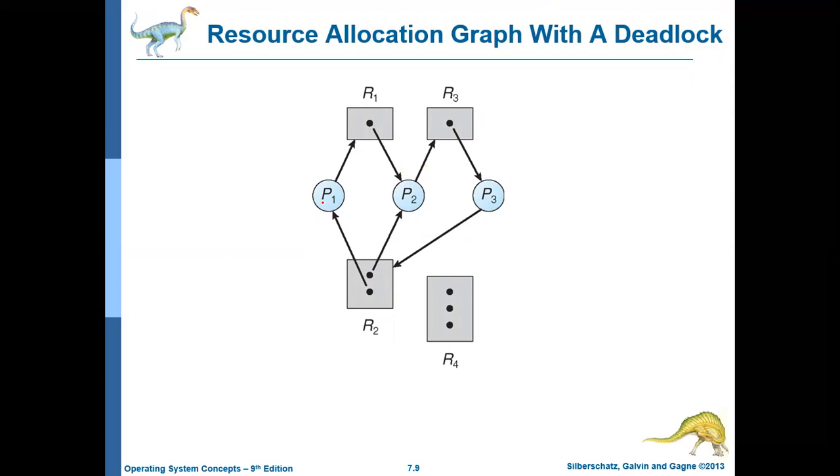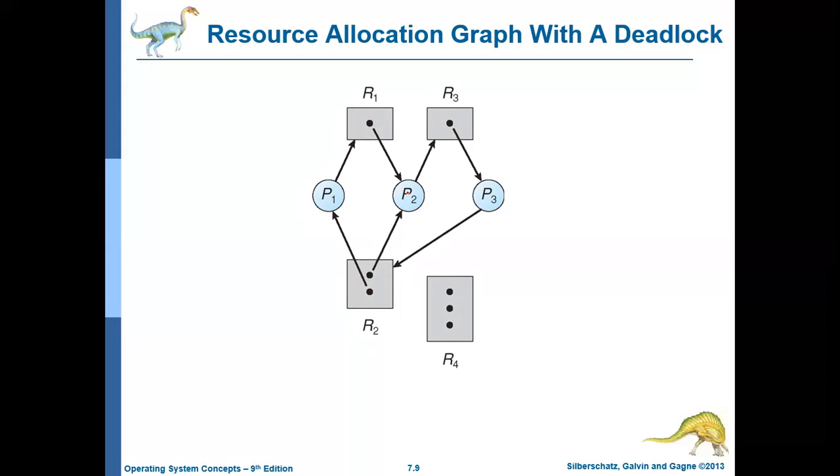Here the setup is the same. There are three processes and four resources R1, R2, R3 and R4. R1 and R3 have only one instance, R2 has two instances and R4 has three instances. P1 is holding one instance of R2 and it is waiting for R1.